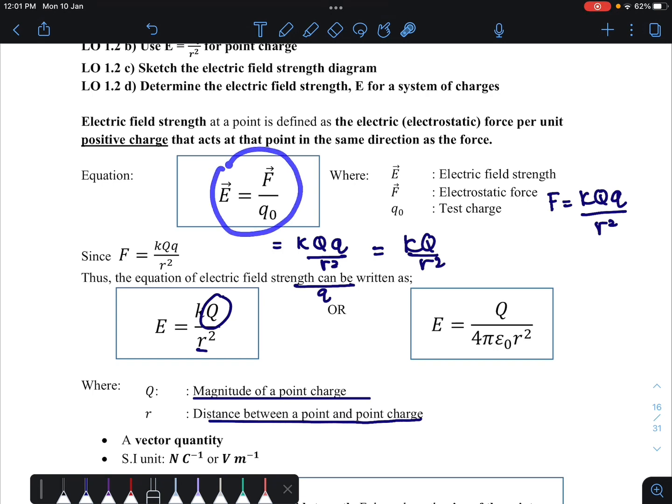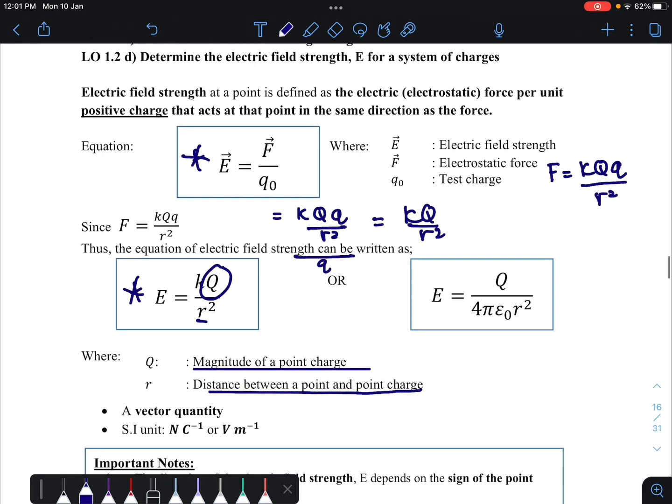Every time we use this equation, we only want to find the magnitude. Therefore, for either Q, we only include the value of the charge, we neglect the sign. It does not matter whether your charge is positive or negative, we only put in the value when it comes to application of these two equations.